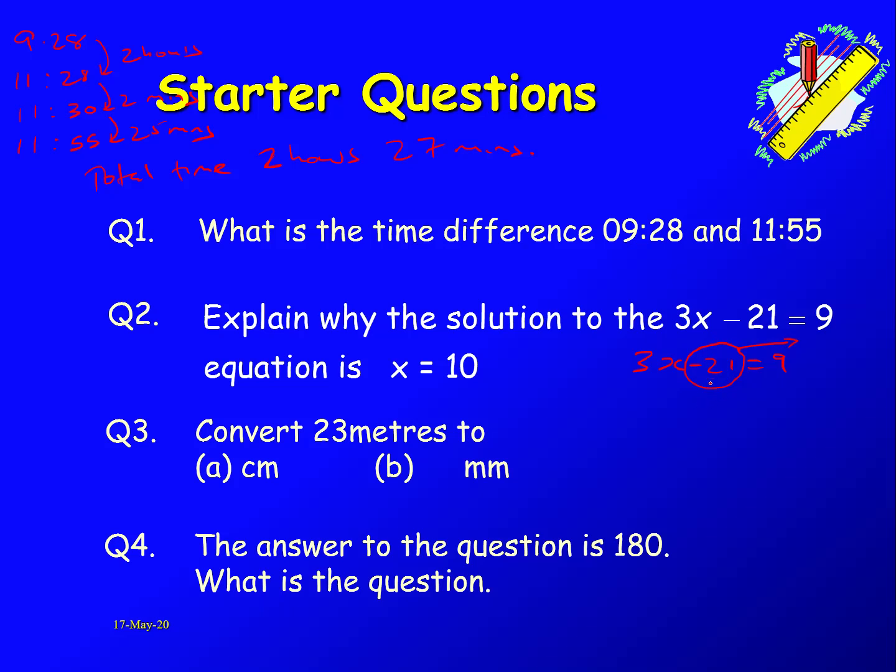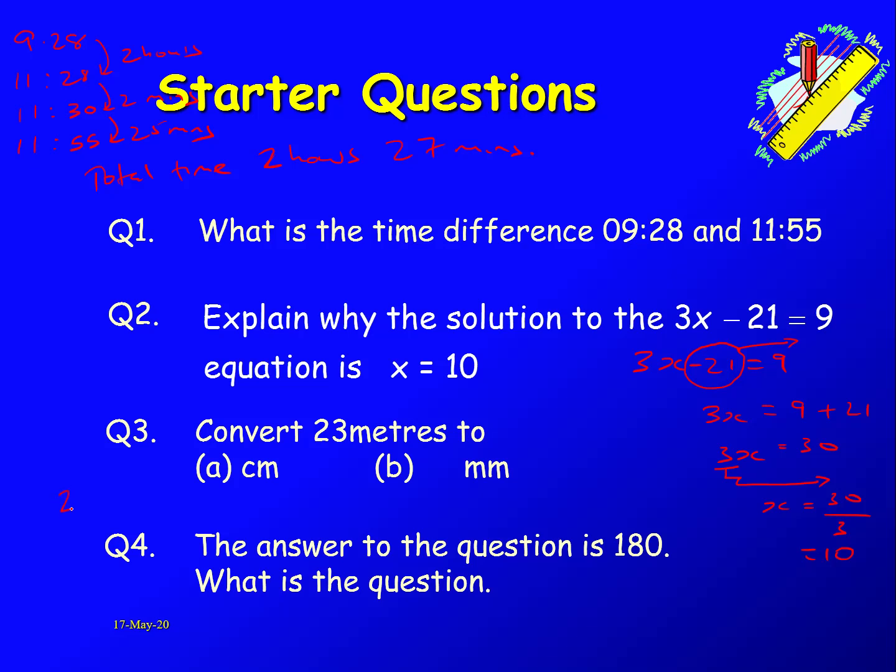So minus 21 on this side, so on the other side is going to be plus 21, so 3x is going to be equal to 9 plus 21. 9 add 21 is 30, so 3x equals 30. But on my float and paint, now to get x on its own, I've got to do the escalator. The 3 goes down the escalator under the 30, so x is equal to 30 divided by 3, which is equal to 10.